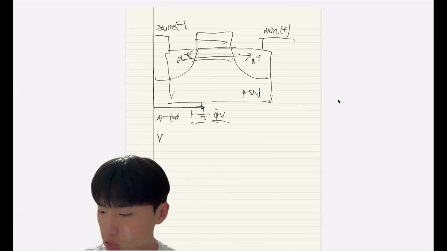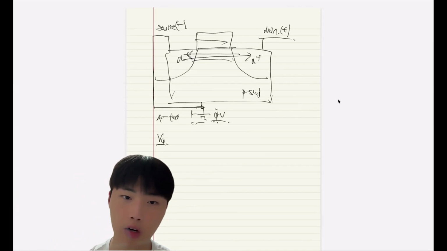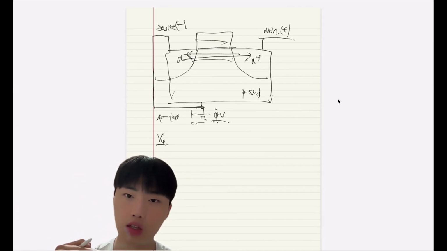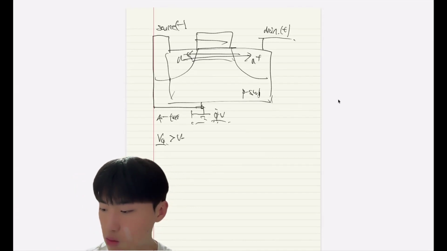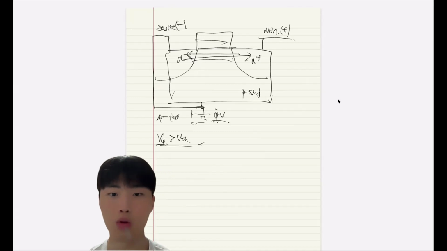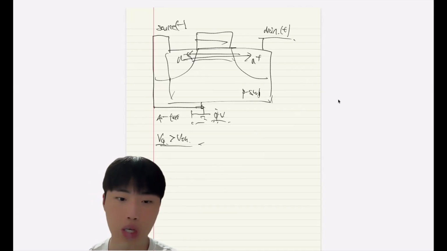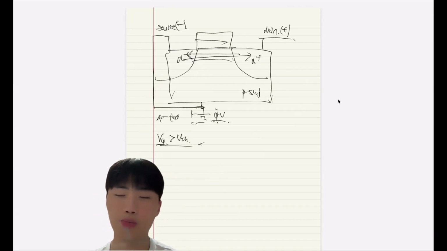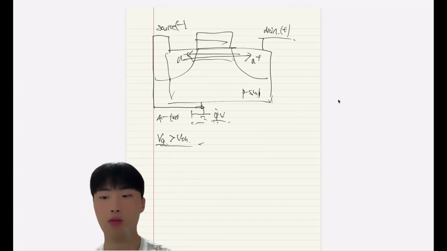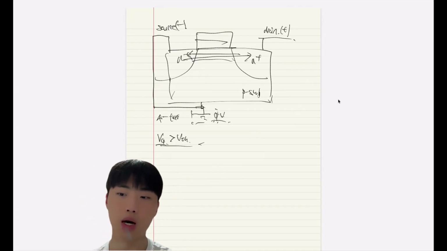In the gate bias, we learned about strong inversion, the sufficient condition to have a channel. So the gate bias should be bigger than the threshold voltage. The threshold voltage we learned last class, and we can get this value from the flat band voltage plus phi ox plus phi s, the phi surface part. That will be the threshold voltage.